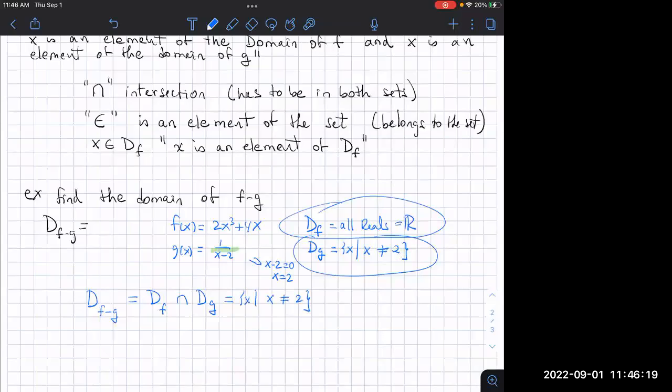By the way, the domain of the sum is the same thing. So the domain of f plus g is also the intersection of the domains by the same reasoning.